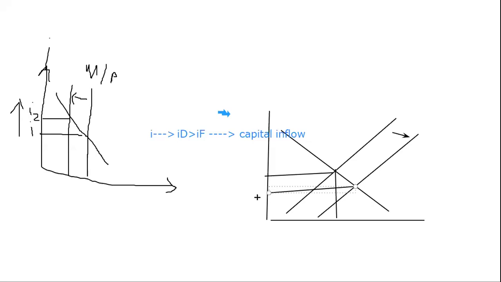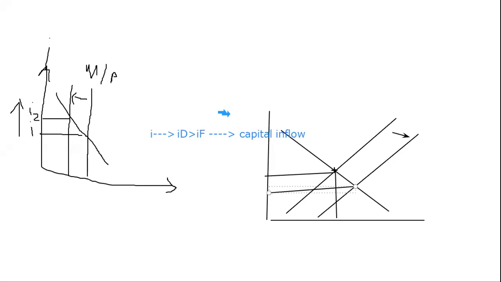But as we discussed here, the central bank can't allow that, because together with the higher interest rate, they want to keep the exchange rate fixed. They want to keep the exchange rate at this level, not here. For that, they want to take the exchange rate back to the previous level.